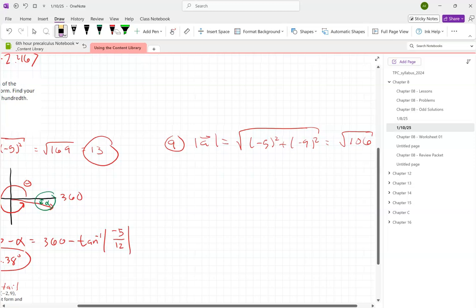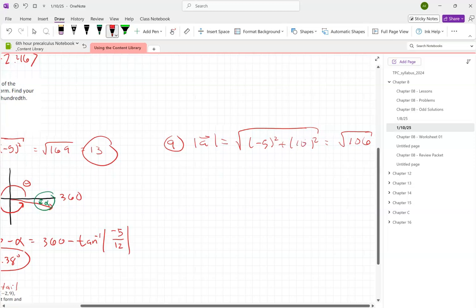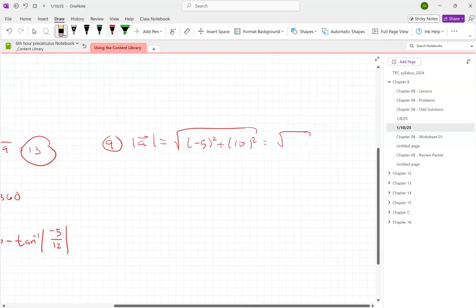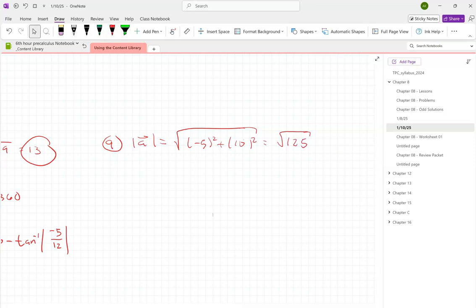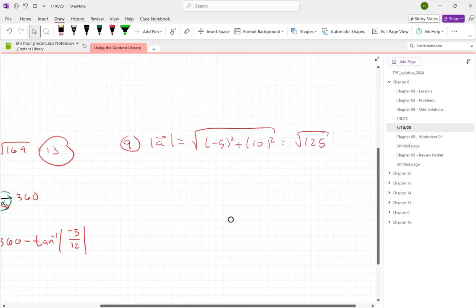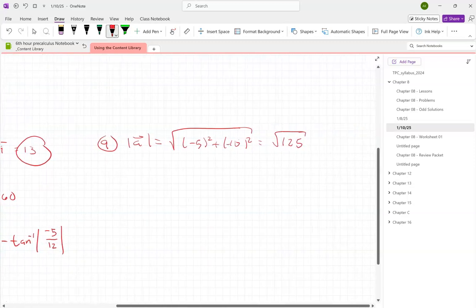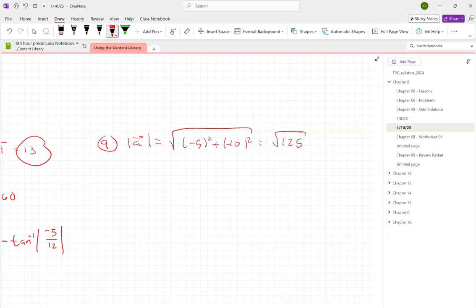5 and 10, okay, sure. So that's 125. Excuse me, thank you. Negative 10, yep. Still 125, but yes, that would have been disastrous when we got to direction. Thank you, Colby. And can we simplify that at all?